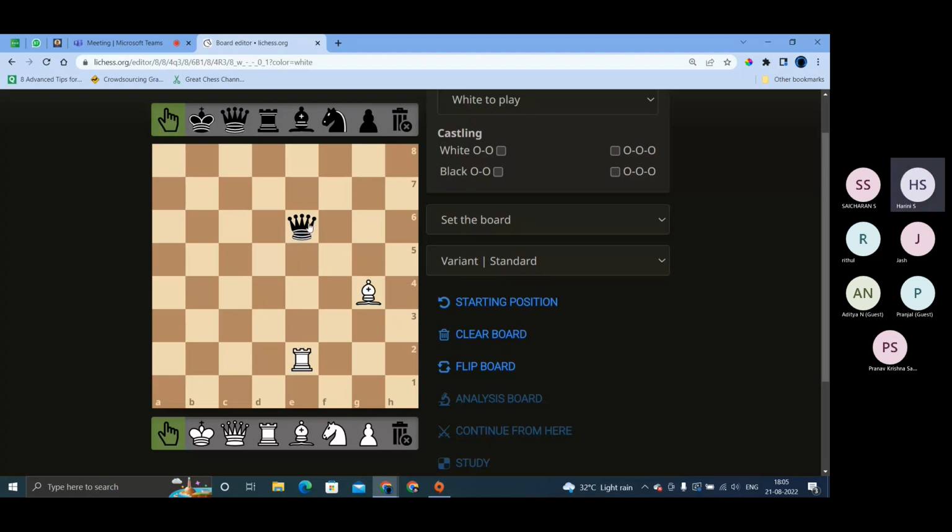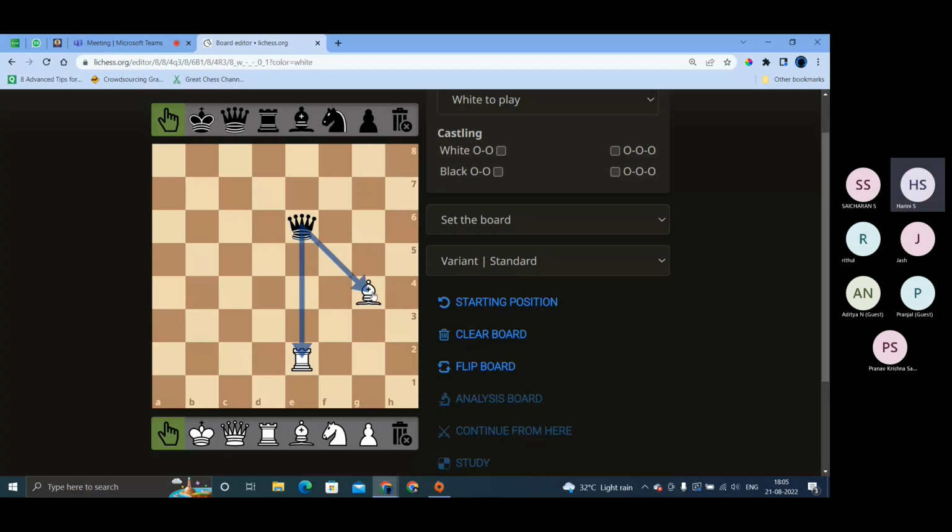Now if you are telling from black's point of view, black queen is attacking the white rook. Black queen is also attacking the white bishop because it is on the queen's path. The queen can travel this way. Queen can also travel this way. So I hope you got clear with the attack.